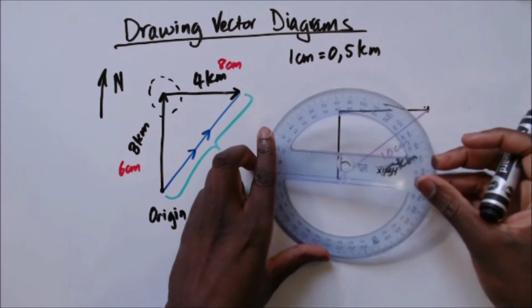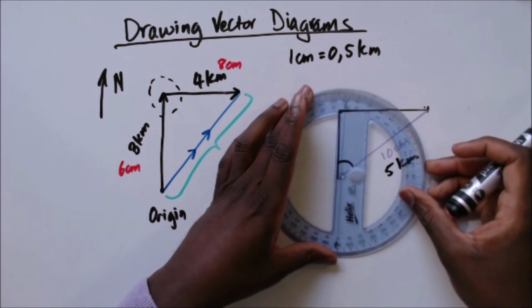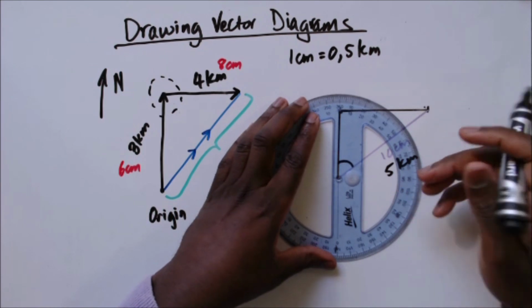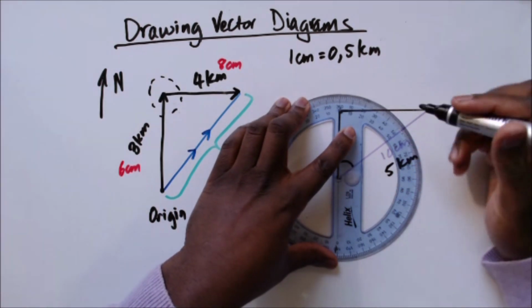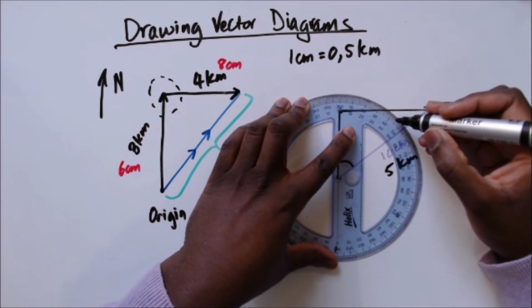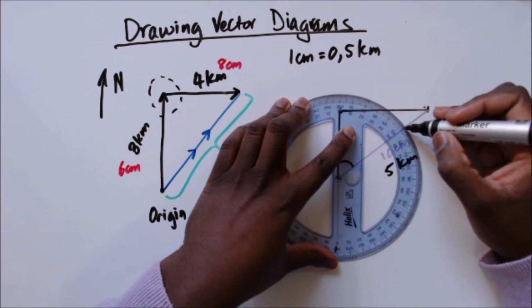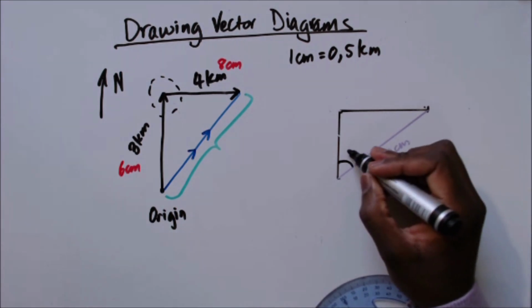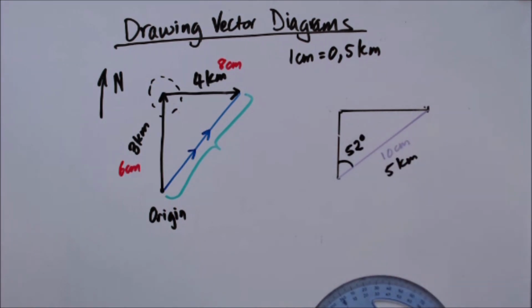I put that protractor in. Okay. And then I can measure this angle, and the angle works out to, we'll take it as 52 degrees. So that angle is 52 degrees.